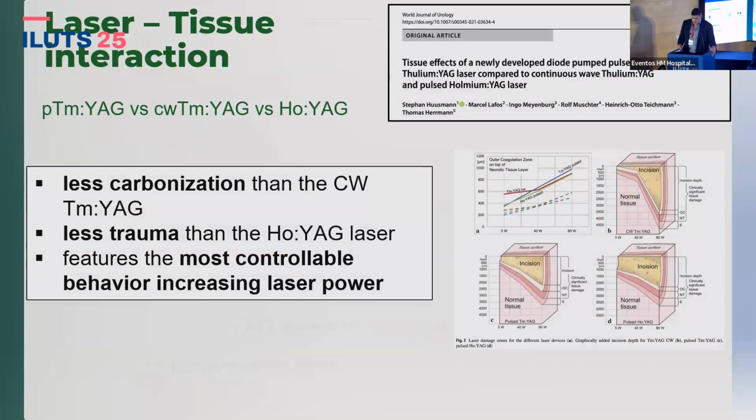In the tissue, it produces less carbonization, less trauma. That means a smoother cutting effect, and features the most controllable behavior with increasing laser power. It is more predictable.